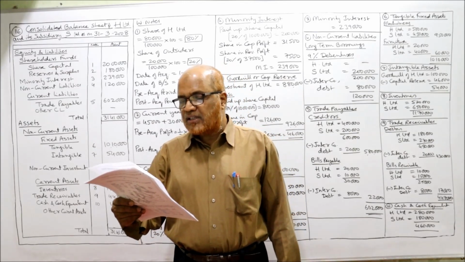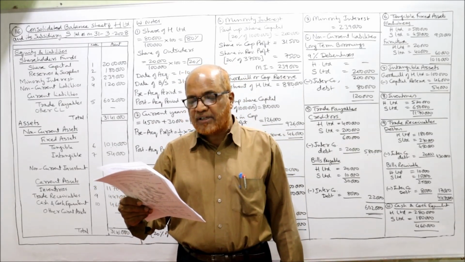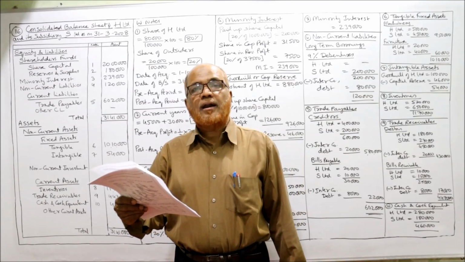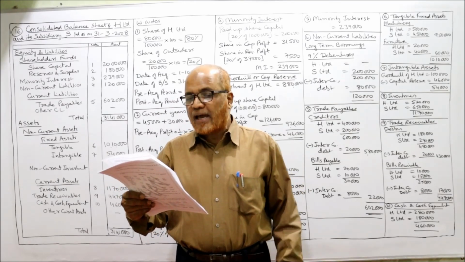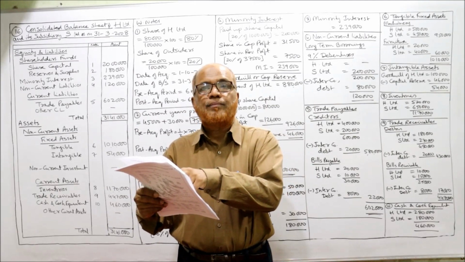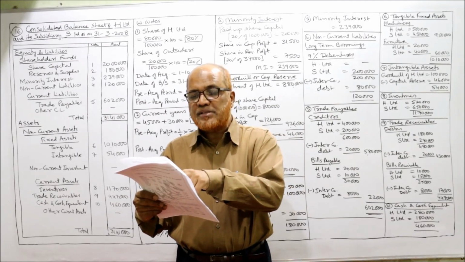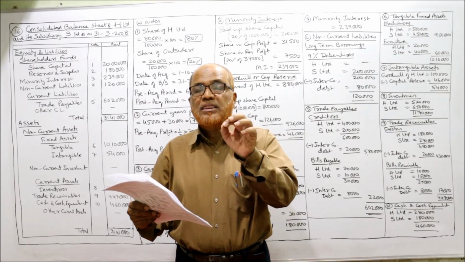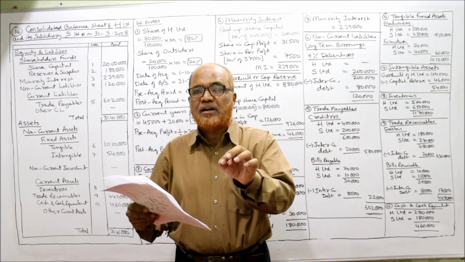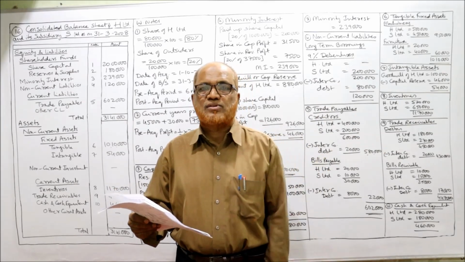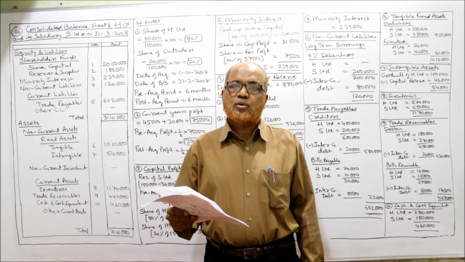Then an amount of 30,000 was transferred by S Limited from current year's profit to reserves. So actually the total reserves are showing 1,50,000. 1,50,000 rupees is the reserves of S Limited. And the adjustment is saying 30,000 rupees have been transferred from current year's profit into reserves.